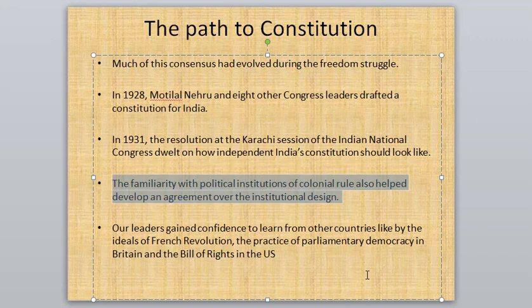Now they were familiar with the system of elections. They were familiar with the ministries and how those ministries work, and they had worked during that time. Plus, they had proved that legislative institutions are useful for this country, and it would be very easy to opt for the design which we were already familiar with.